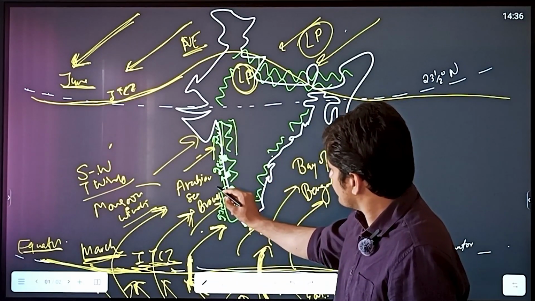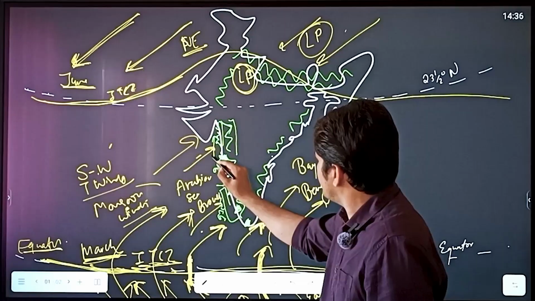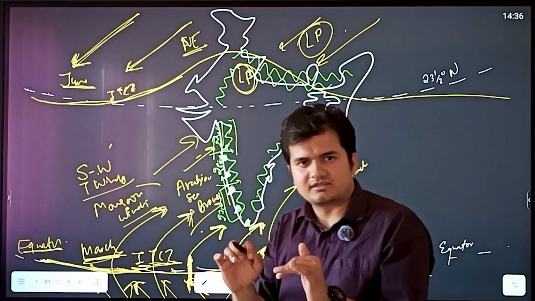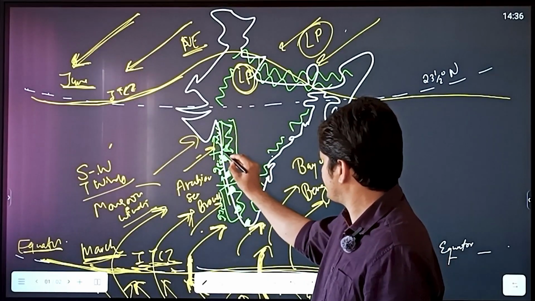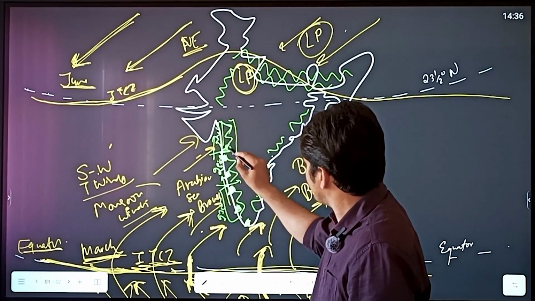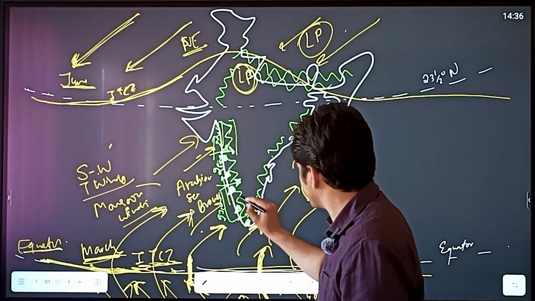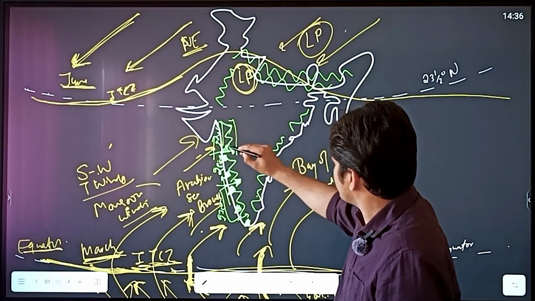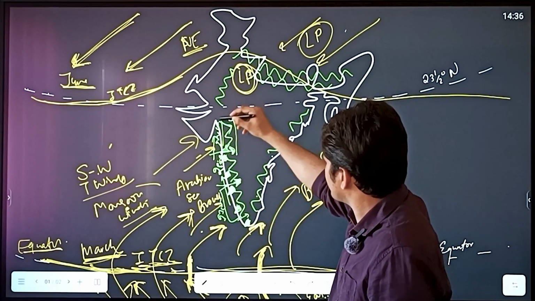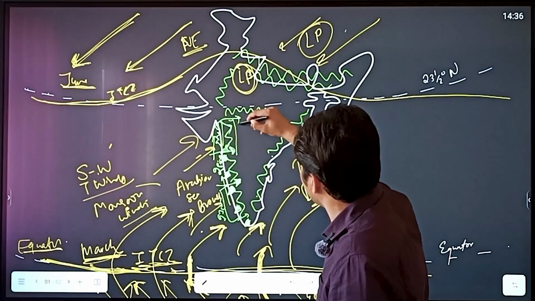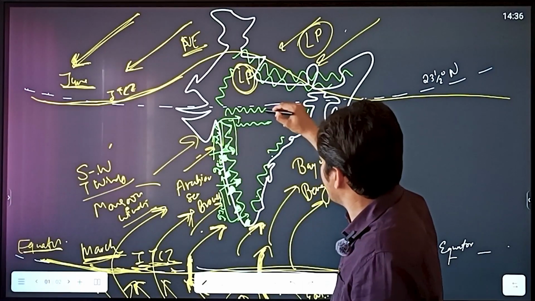Some of the monsoon wind will start to move between the gaps of these hills. These gaps are called ghats. And when these monsoon winds move between these gaps, they will bring rainfall. So we have here the Vindhya and Satpura mountain range.